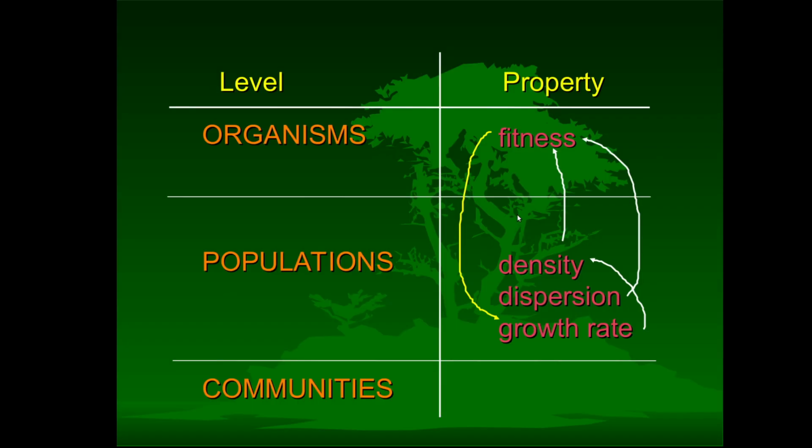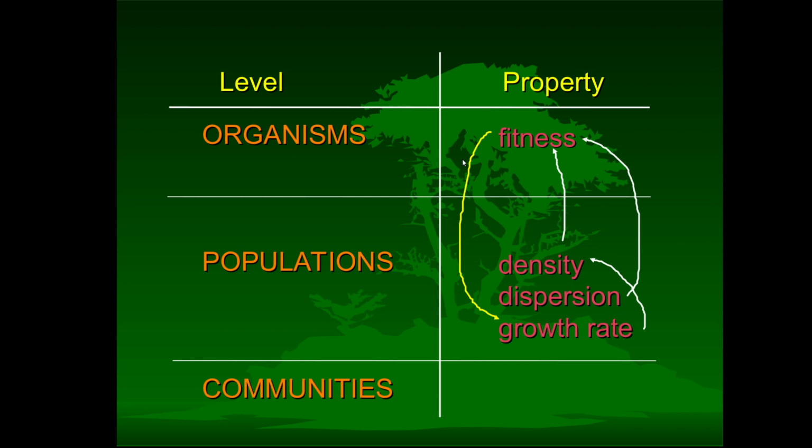So in other words, we have feedback between the population level of organization and the individual organism level of organization. As density increases, resources become scarce. This has an effect on fitness of individuals. And remember, fitness of individuals defines the growth rate of the population, which then influences the density of the population, which then influences the fitness of individuals, which then determines the growth rate of the population, and so on.